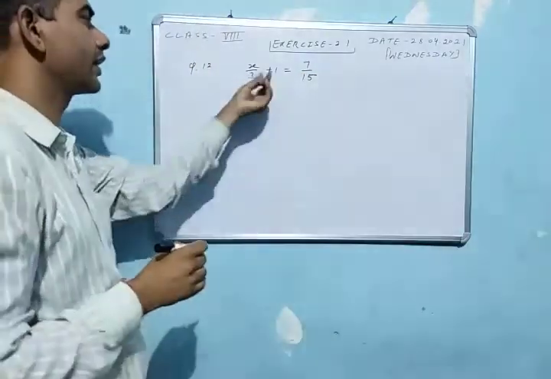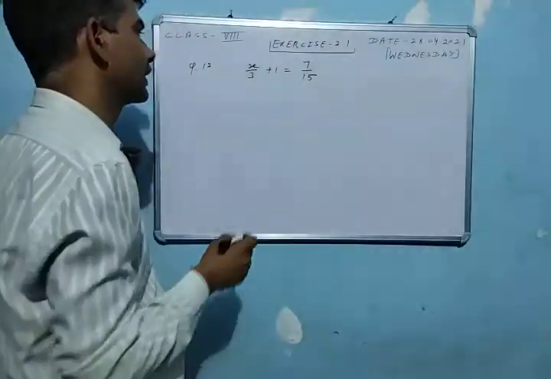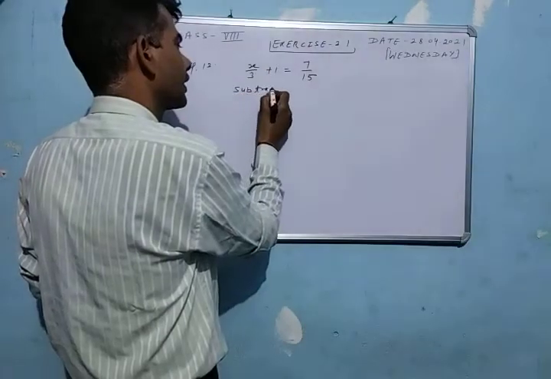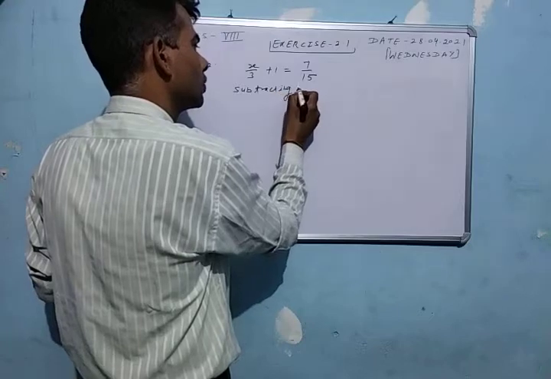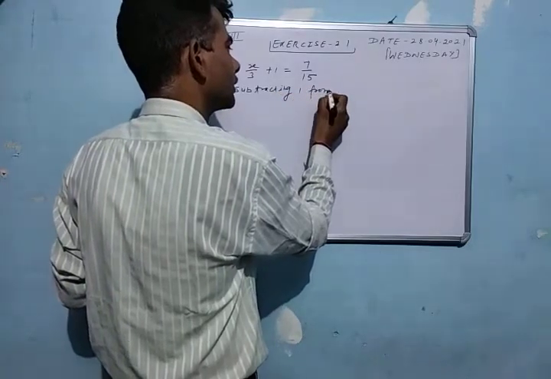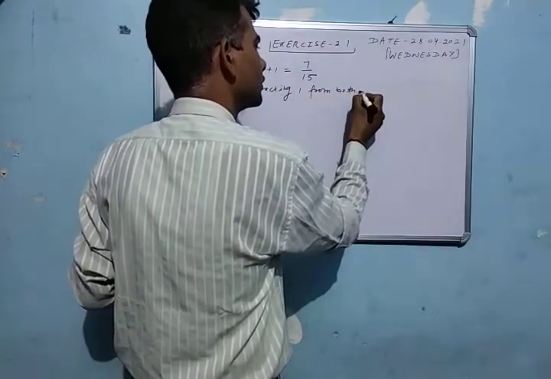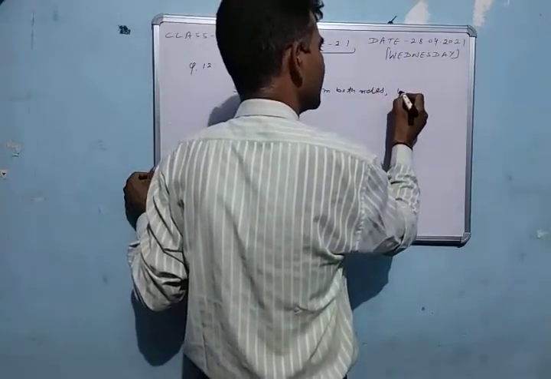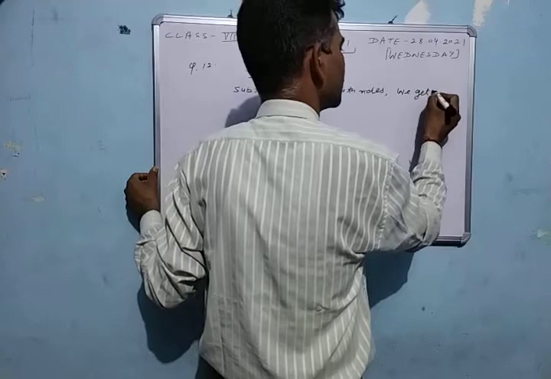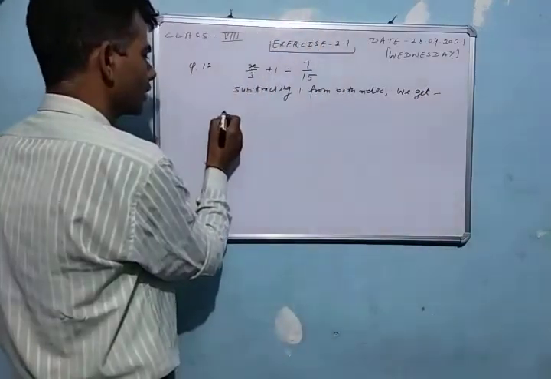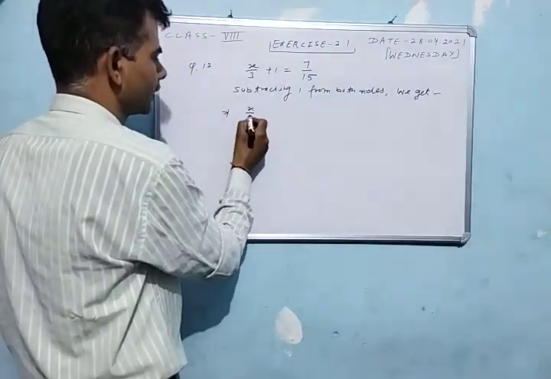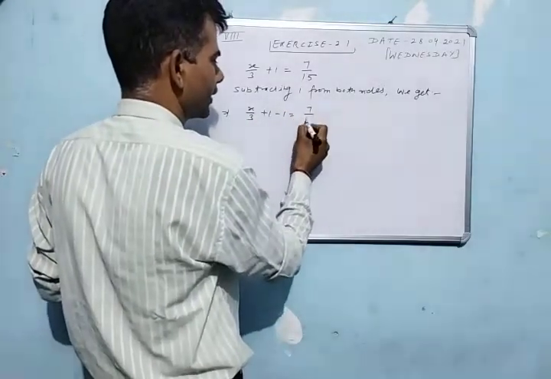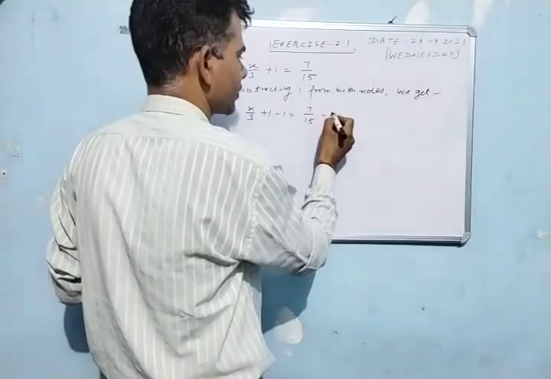Students, in x/3, 1 is added. Subtracting 1 from both sides, we get x/3 + 1 - 1 = 7/15 - 1.